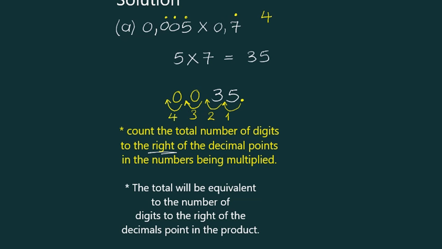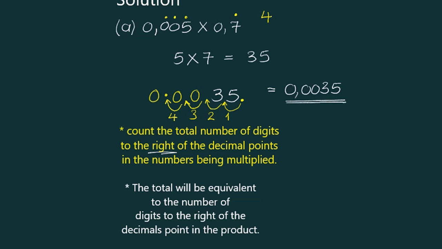My decimal point comes here, and I put a 0 behind it, so that in total I have 4 digits after the decimal point, 1, 2, 3, 4, in the product. That gives me a solution of 0.0035, and that's the answer.